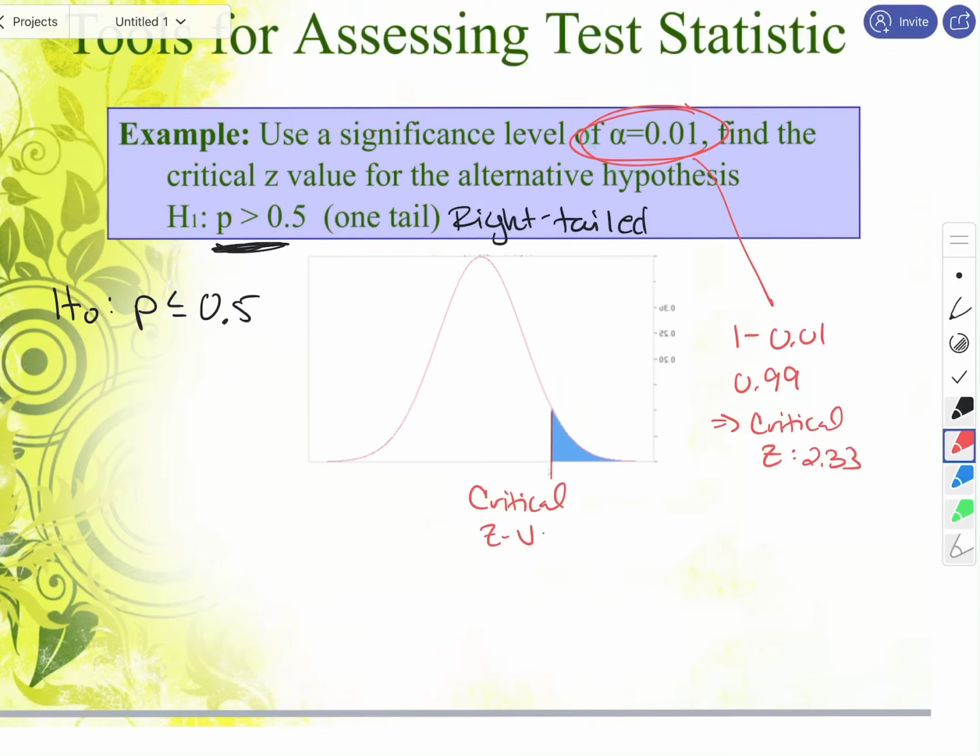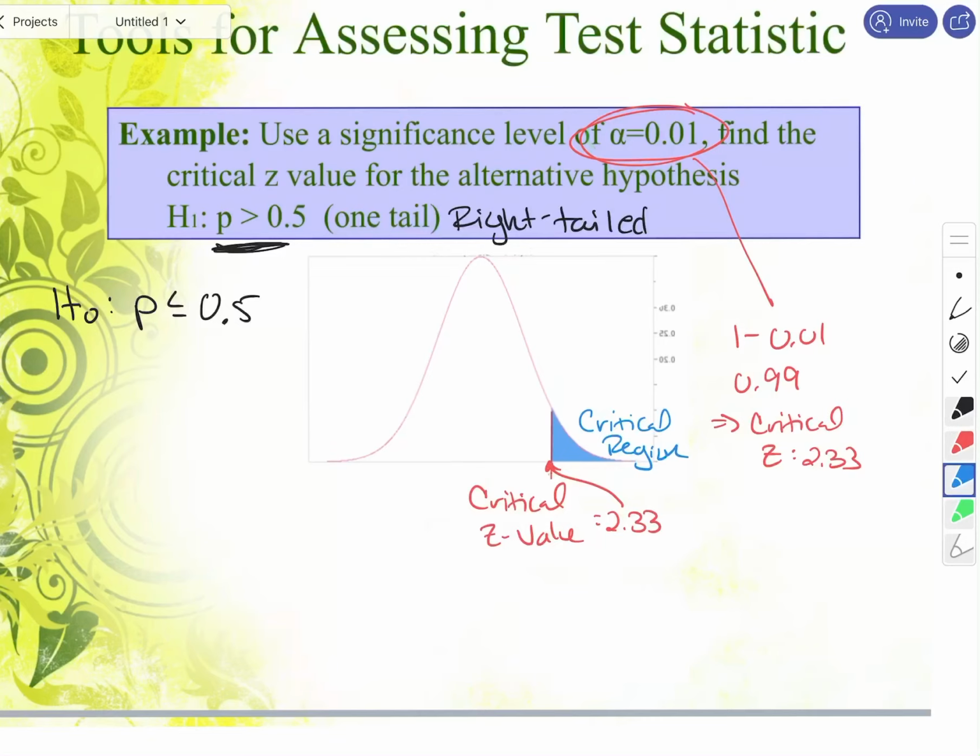So our critical value of 2.33 is right here. It's the value that separates the critical region in blue from the rest of the graph.